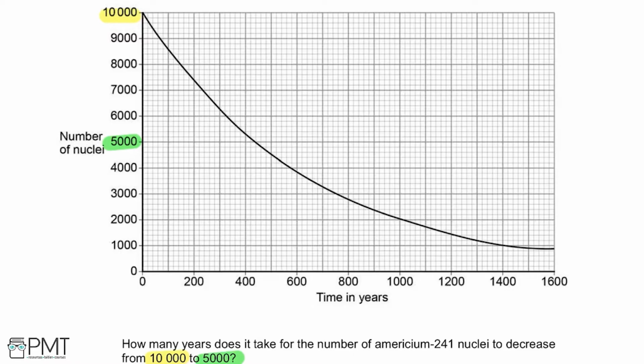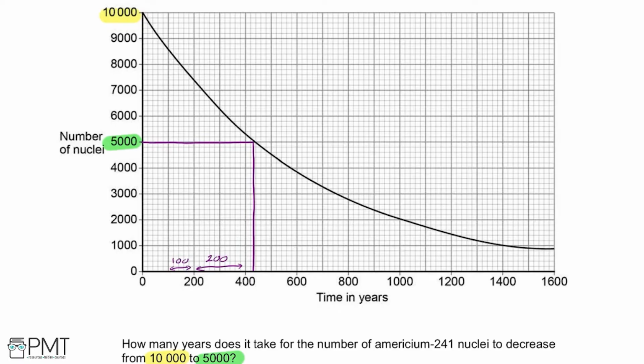So what we're going to do is draw a line across from 5,000 to there, and then just draw a straight line down. You would use a ruler for this in the exam. So we've got to here. So we can see that every 2 big squares is worth 200 years, which means 1 big square is worth 100, and each little square is worth 20 years.